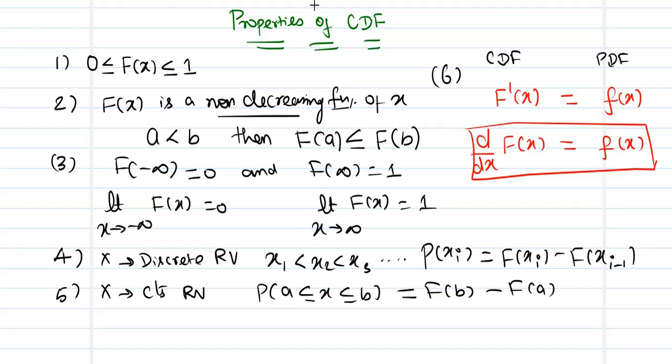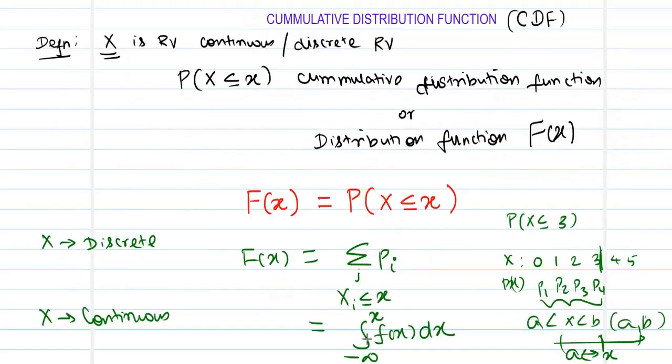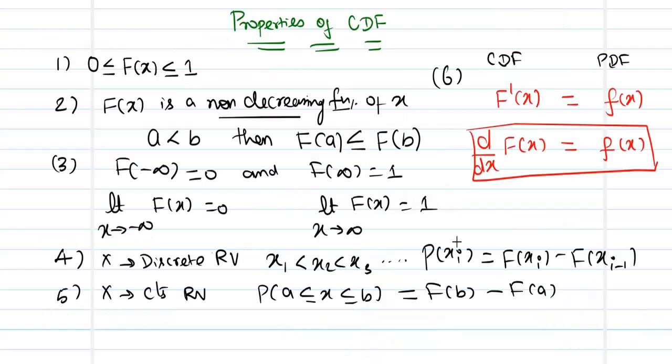This is because it is the integration which gives you capital F of x. So when you want the small f of x, you have to shift to the opposite operation. The opposite of integration is differentiation. So when you differentiate capital F of x, you get your small f of x. These are the properties which can be effectively applied to solve problems in properties of random variables.